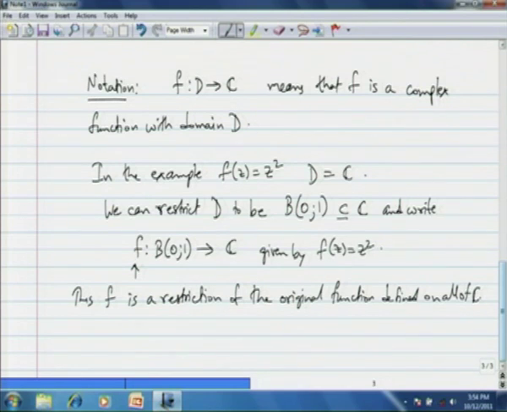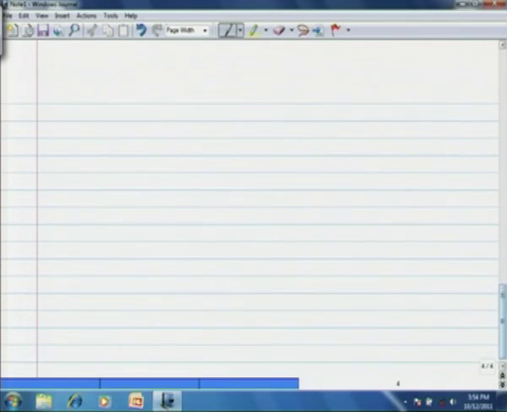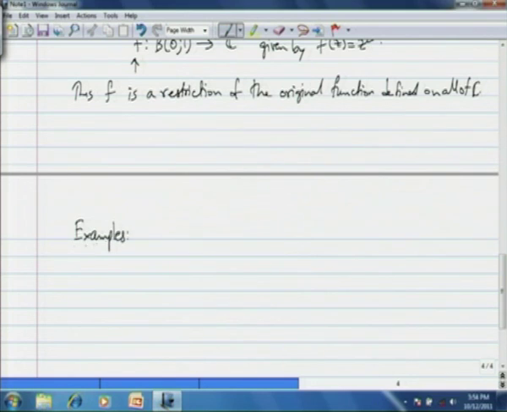Now we will see some more classes of examples of complex functions, which we will keep using in the lectures to follow. The first class of examples is constant functions.